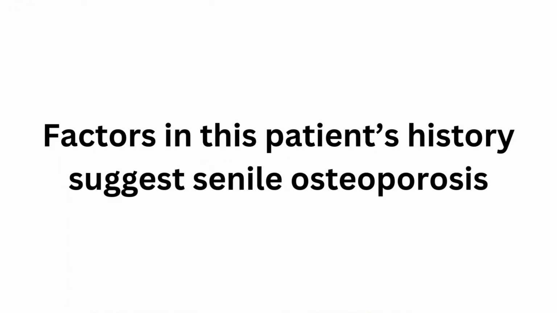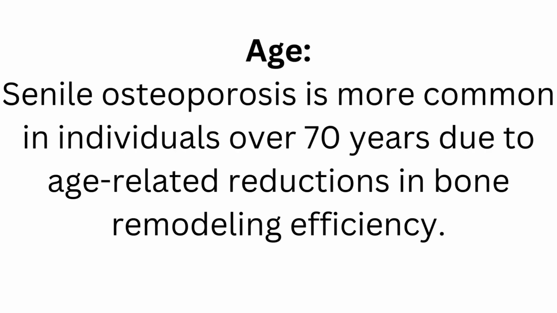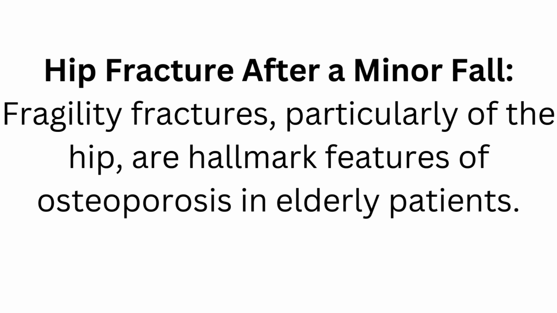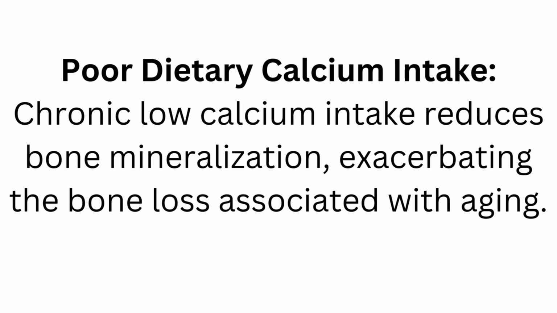Factors in this patient suggest senile osteoporosis. Number one is the age. It occurs after 70 years of age when there is decrease in remodeling. Hip fracture after a minor fall: fragility fractures, particularly of the hip, are hallmark features of osteoporosis in elderly patients. Then poor dietary calcium intake, because calcium gives strength to the bone.